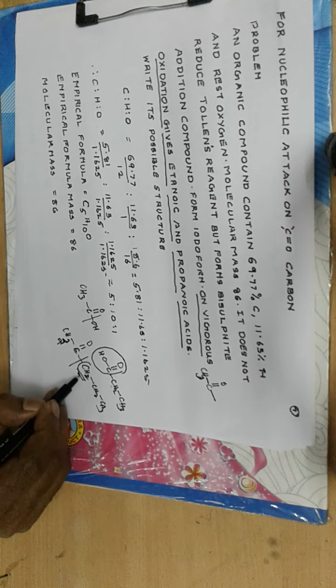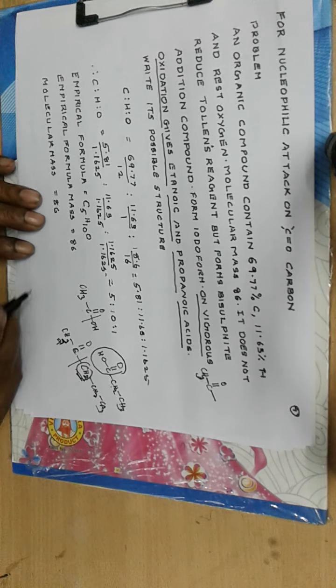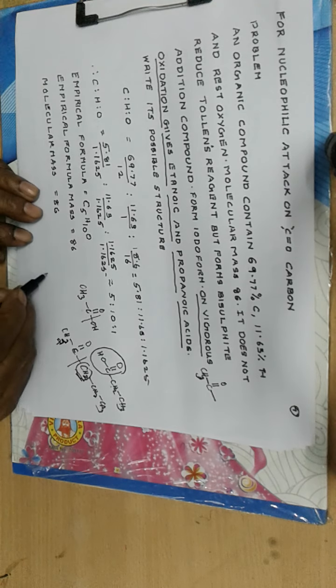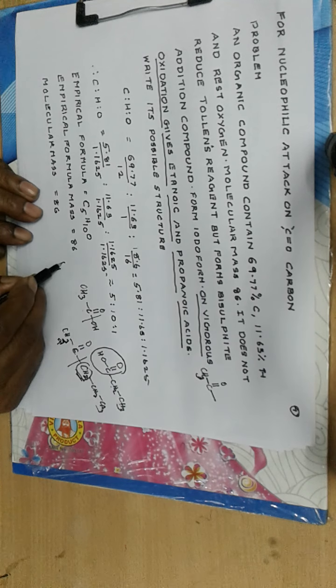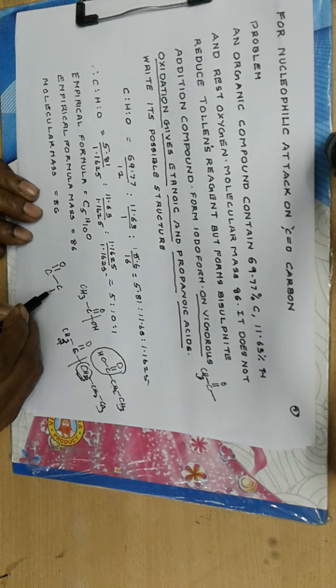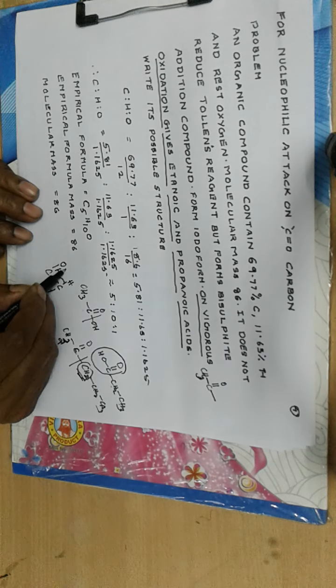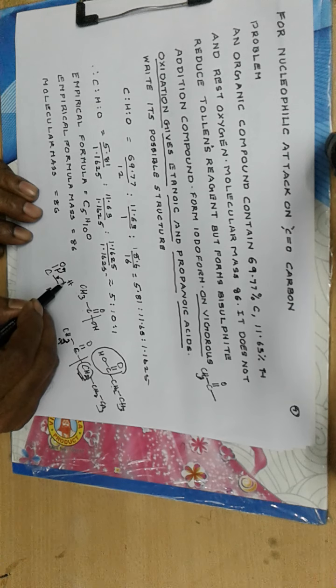So that carbon is oxidized to COOH. And this CH2 methylene group is active. Active methylene group means a CO group is adjacent to a CH2 group. There is a particular type of reaction where there is a chance for removal of H as H positive.